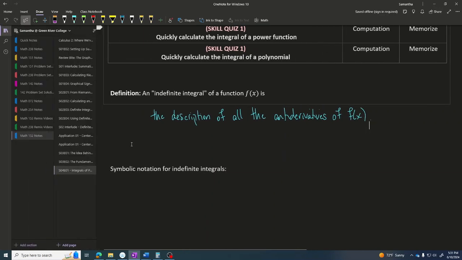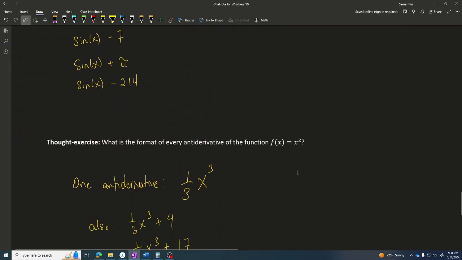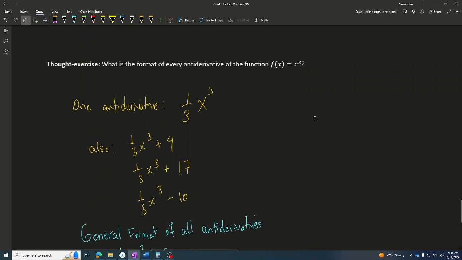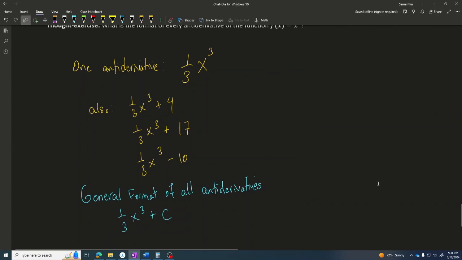So rolling back to the end of yesterday's episode, we saw that if I was dealing, for example, with the function x squared, then one antiderivative of that function was given by 1/3 x to the power 3. However, it was possible to get other antiderivatives by either adding or subtracting constants to that sort of base function here.